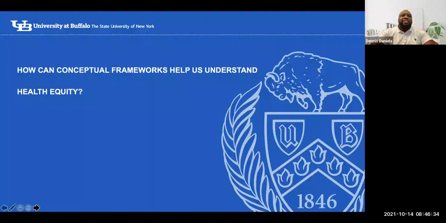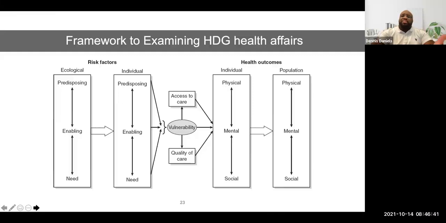So how can conceptual frameworks help us understand health equity? We know conceptual frameworks help us to organize factors that contribute to varying levels of health outcomes, either by organizing those factors according to population level, or by organizing factors according to varying convergence levels between individuals and communities.